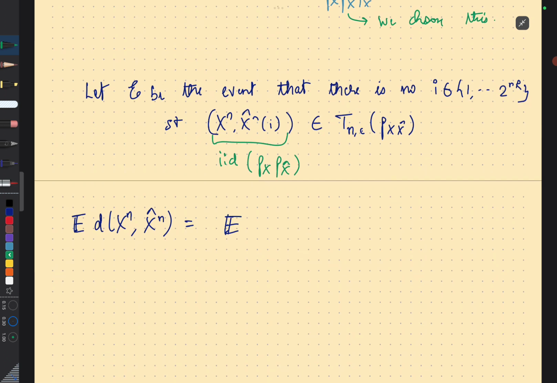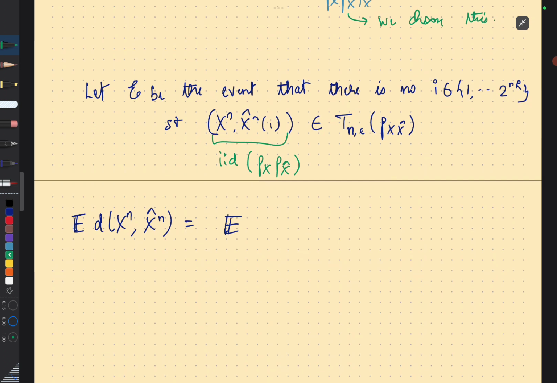Any questions? So there is this Pxx hat. It is some distribution that we have artificially constructed. From this joint distribution Pxx hat, there is a corresponding Px which is given. There is also Px hat which is obtained by marginalizing out x from this distribution. Using this Px hat, we generated the code book independently of the source.